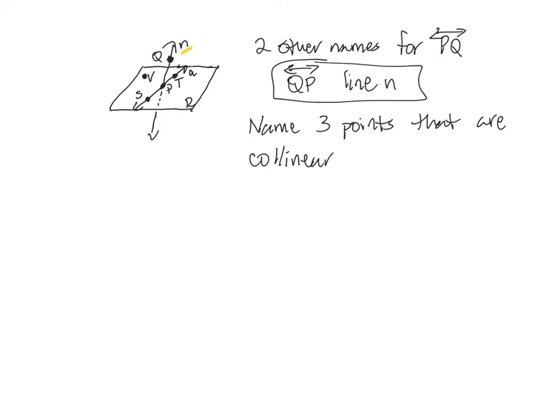So 3 points that are on the same line, S, P, and T. Okay, so hopefully nothing too difficult to look at, but it'll just be different pictures saying, can you do this, can you do that, okay?